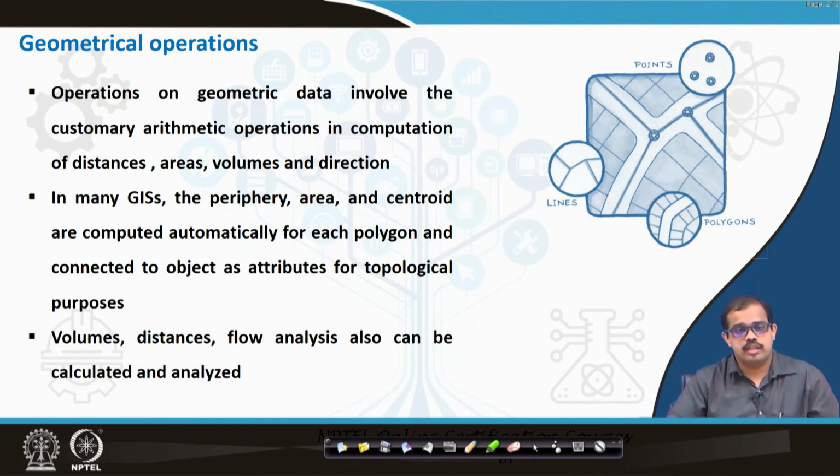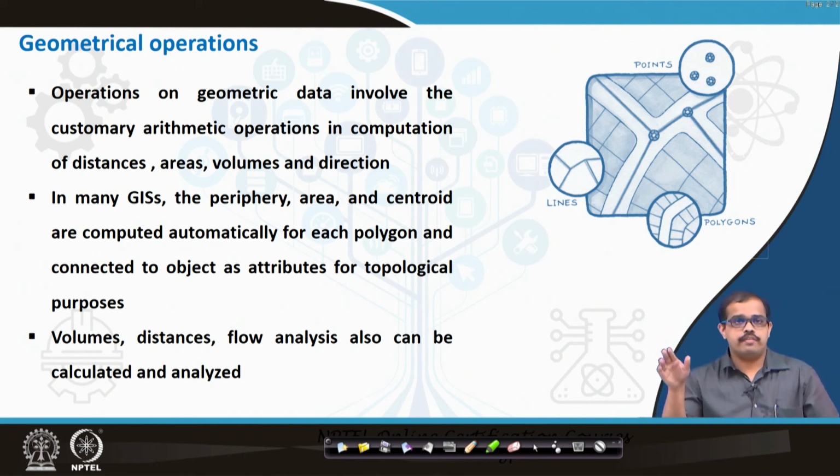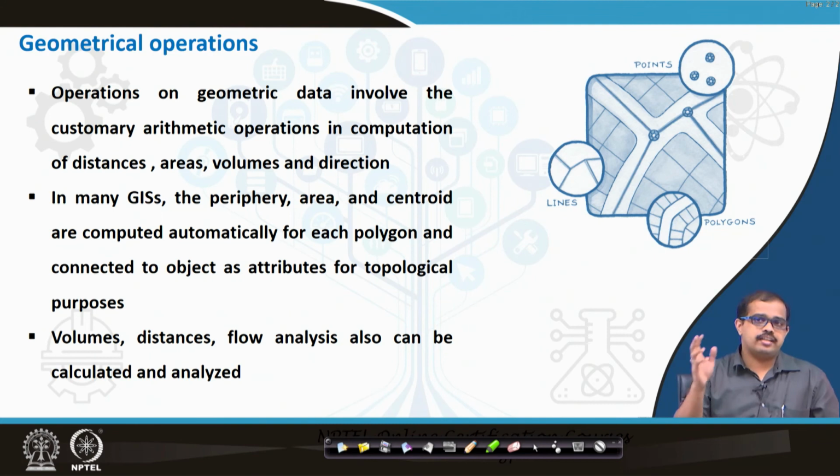Geometrical operations are the order of the day. Any geometric data involves customary arithmetic operations and computation of distance, area, volumes and directions. When you are looking at GIS, whether a centroid or a periphery area, how each polygon is computed automatically, how an object is connected with an attribute, or topological operations, all of these are done through geometrical operations, whether it is a line, polygon or a point.